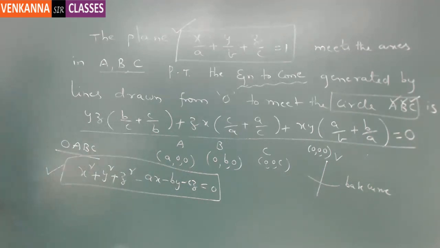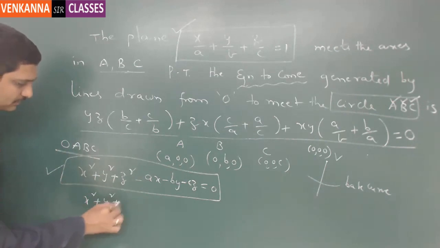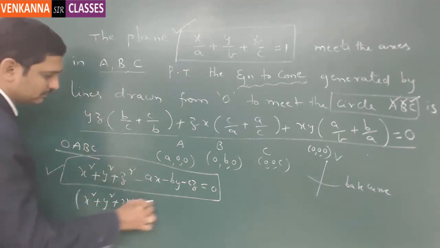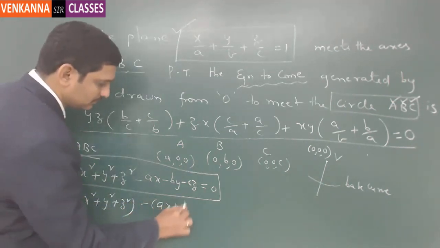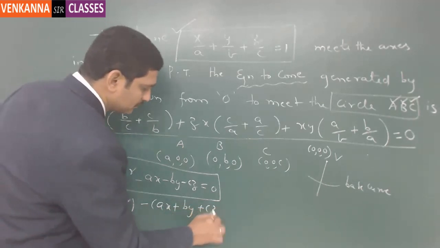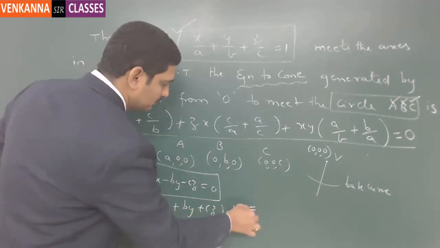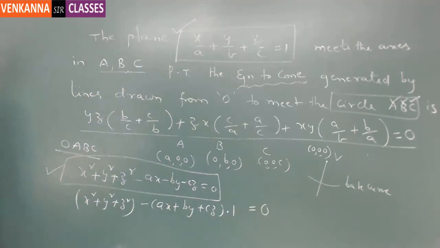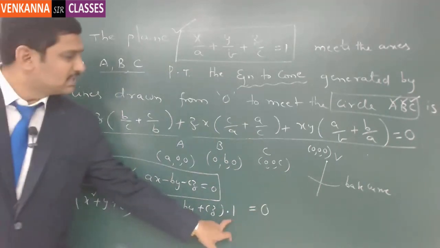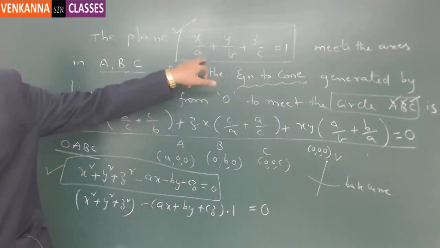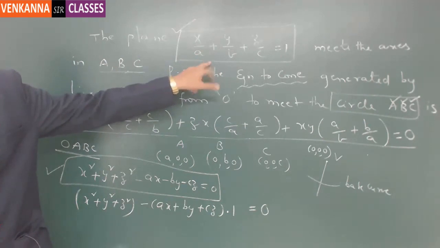So how am I making it homogeneous? This will be written as... in place of 1, I will substitute the respective equation value.